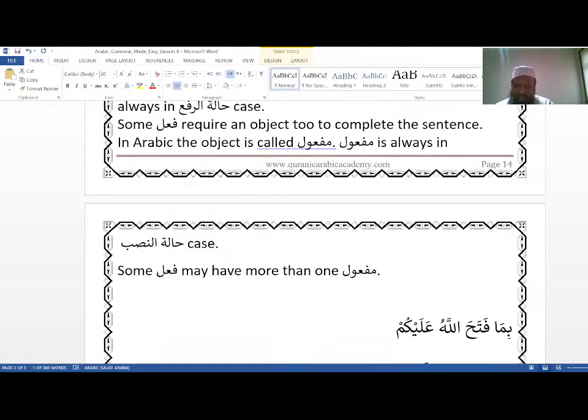Okay, find the fi'l, find the fa'il, find the maf'ul we do have in the sentence. So over here we can see the fi'l fataha. After that, let's look for the fa'il. Any ism we see in halatul rafa, meaning having dhamma on the last letter, that will be the fa'il. Next word is the lafz Allahu.